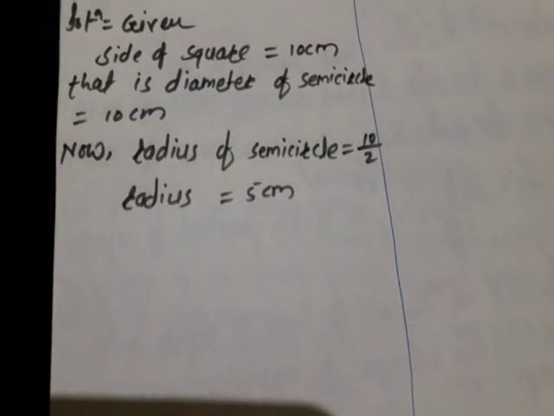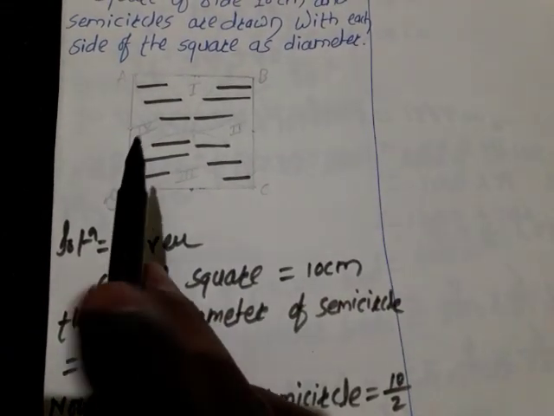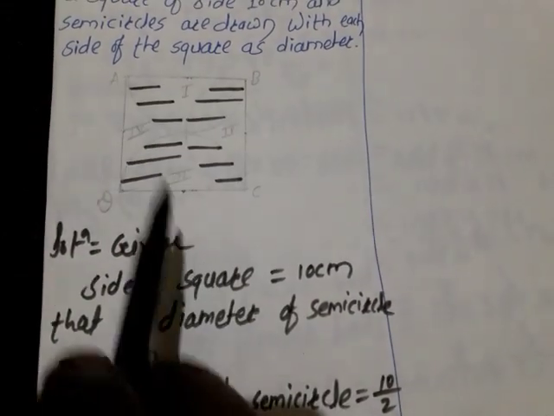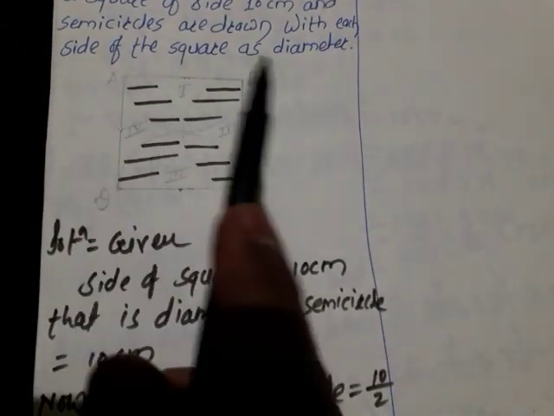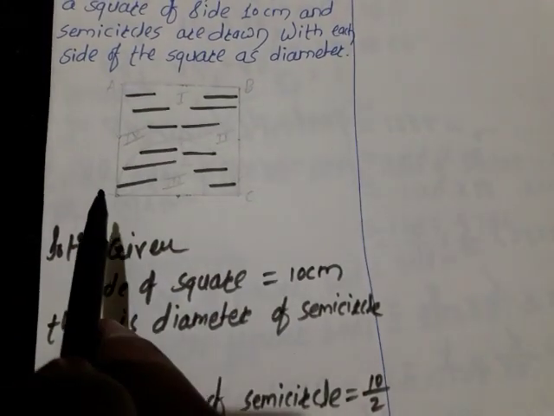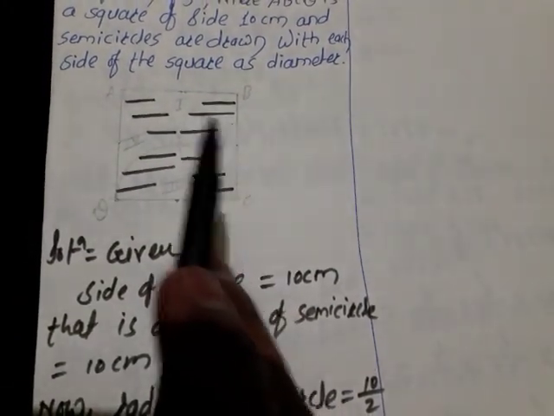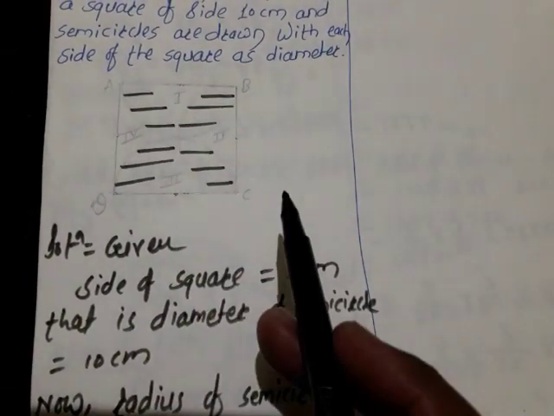Now what will we do? First of all, we will find the area of those 4 regions. For finding the area of those 4 regions, look here. First of all, we have to find the area of this square. After finding the area of this square, we will find the area of this semicircle, then the area of this semicircle.